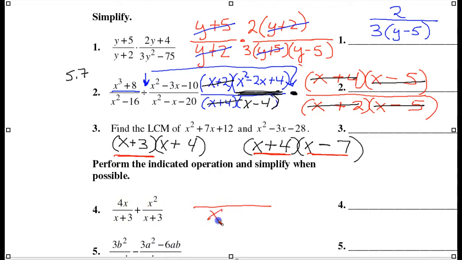So all you do then is add your numerators, and I'll put that in standard form, x squared plus 4x. We're just adding these. Now on the top here, you could factor out an x, but nothing cancels out, so that basically is your answer.